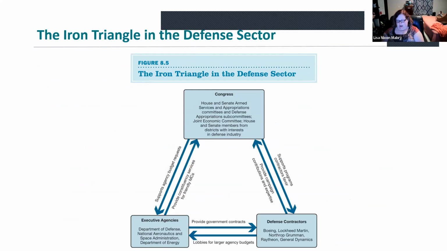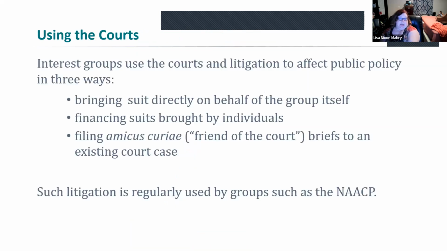For example, iron triangles can be at the center of many areas of energy policy, but sometimes a high profile proposal, such as a new interstate pipeline, activates a broader issue network, including landowners, environmentalists, state officials, and so on, to handle that one particular issue. So hopefully that makes sense. Figure 8.5 is on page 243. This will give you some examples of iron triangles, like the three groups that come together to get things done, so that you have a visual should you need it.